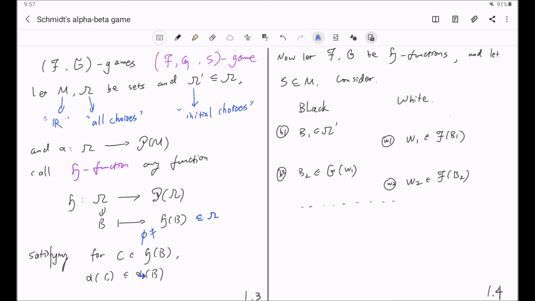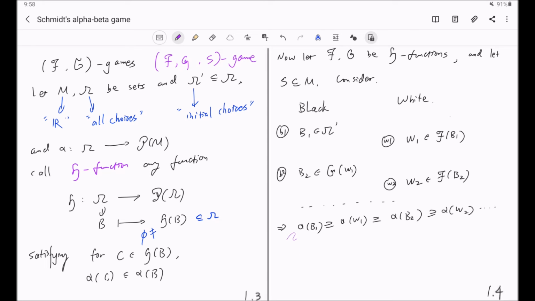Because we have this containment property, we have the following descending sequence of sets: alpha of B1 contains alpha of W1, and so forth.